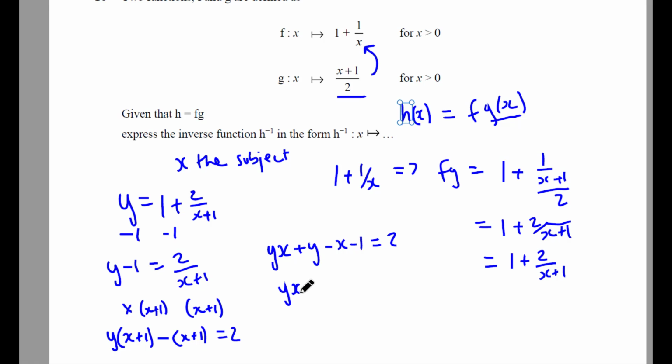So what happens is we get yx minus x, which is going to equal 3 minus y. Do the steps yourself and you'll see that. We can factorise that out. So we factorise x out to get y minus 1 equals 3 minus y. So divide out now by the y minus 1.